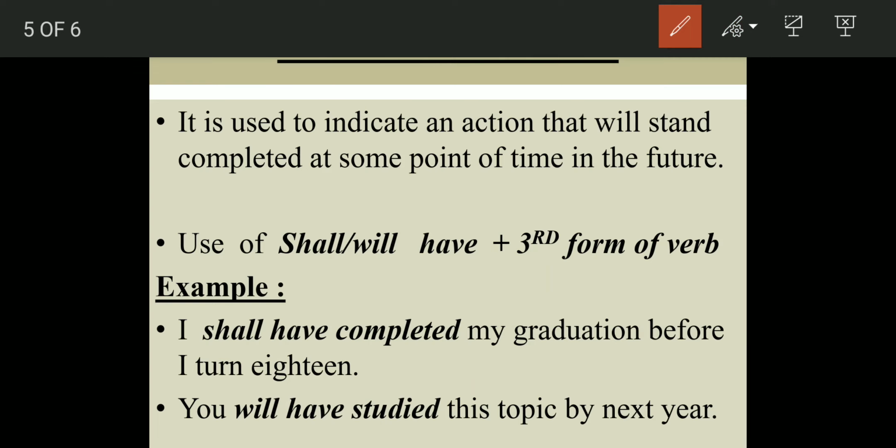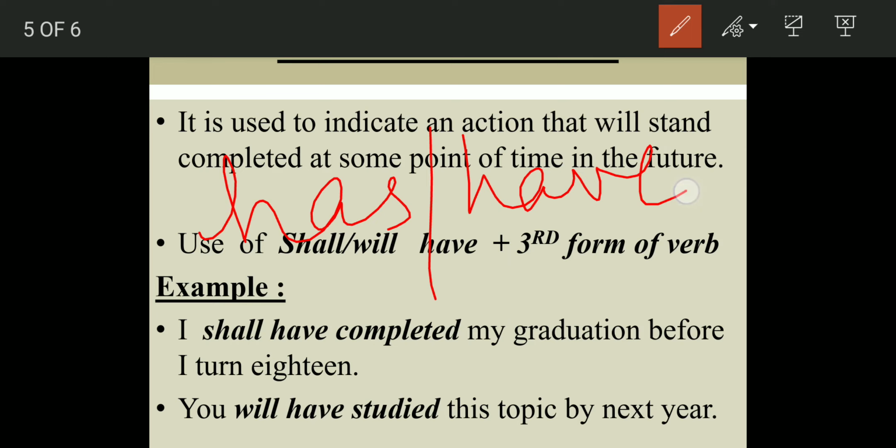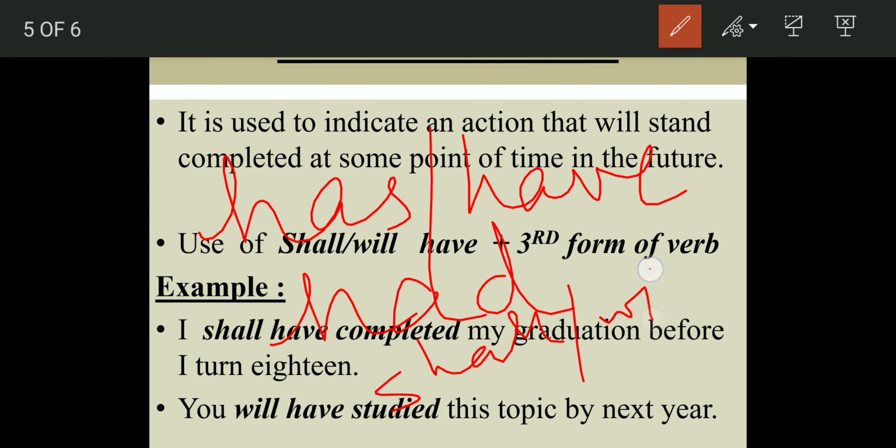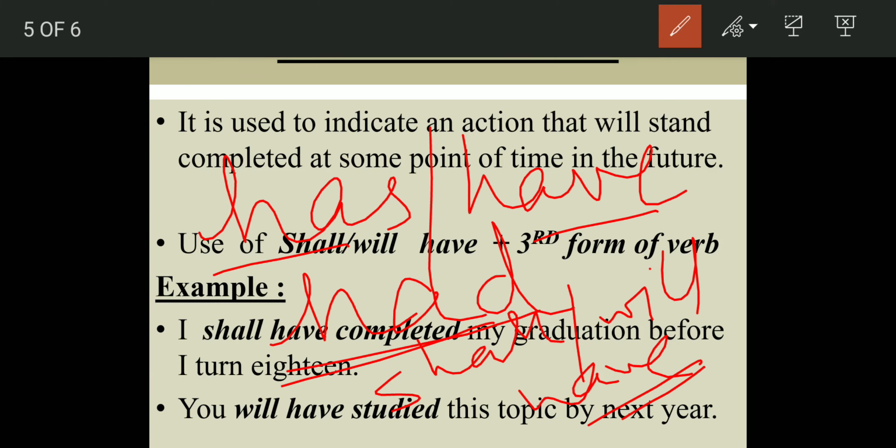For present perfect, you use has or have along with the third form of the verb. If it is past perfect, you simply use had along with the third form of the verb. For future, you will use shall, will along with have. So basically in the perfect form of the verb, you are using has, have, and had.